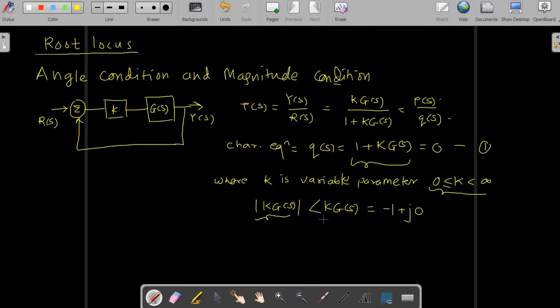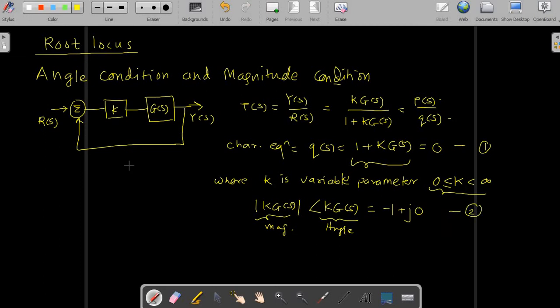This is magnitude and this is angle, right? Let me write this as equation 2.